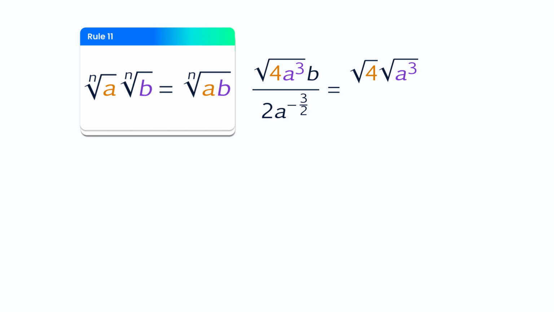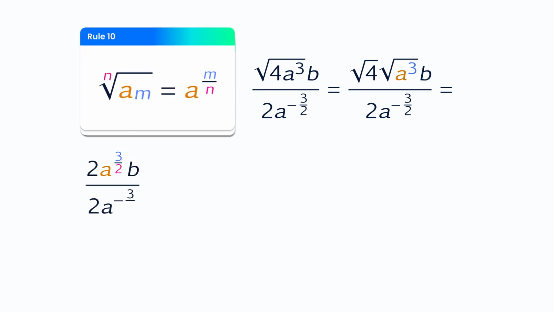That's then multiplied by b. The square root of 4 equals 2. The square root of a cubed can be written as a to the power of 3 halves using Rule 10. You choose to do this because you already have an exponent with a fraction you can work with in the denominator. Now you can cancel the 2's.